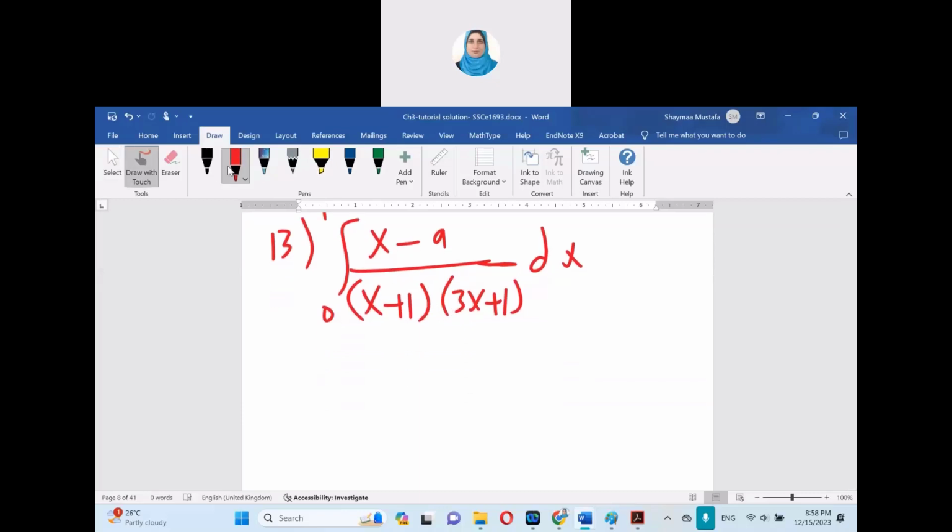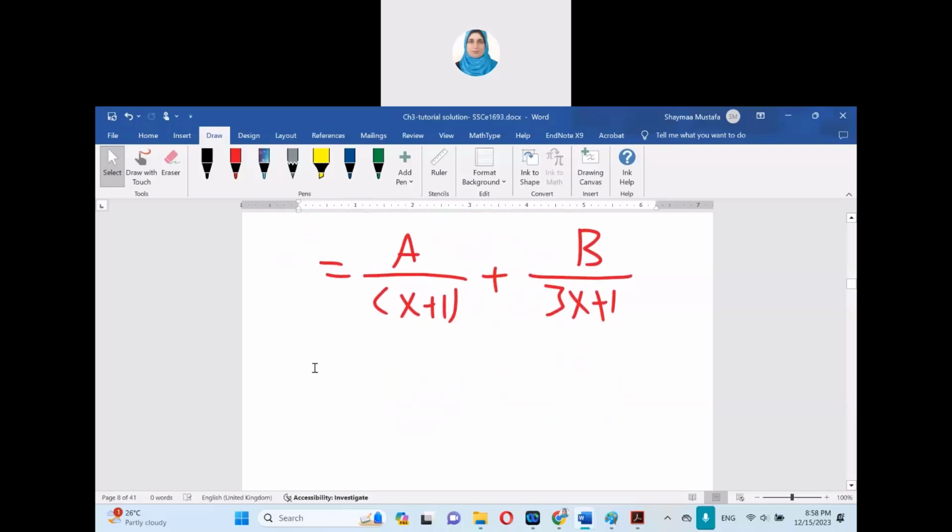To integrate here, both factors are linear. So first you have to write down x minus a over x plus 1 times 3x plus 1 equal to A over x plus 1 plus B over 3x plus 1. This is a linear factor, so the numerator should be a constant. 3x plus 1 is also linear, so here should also be a constant.